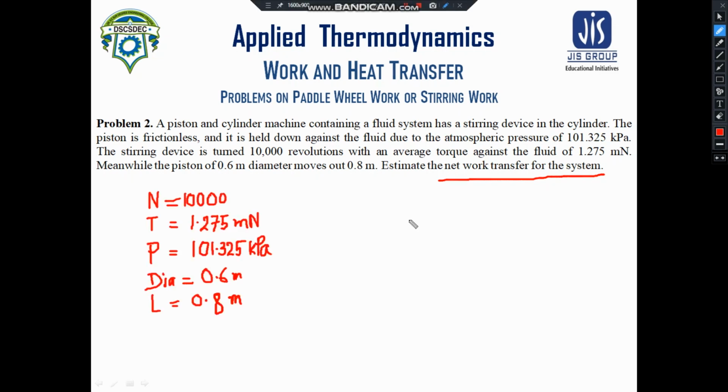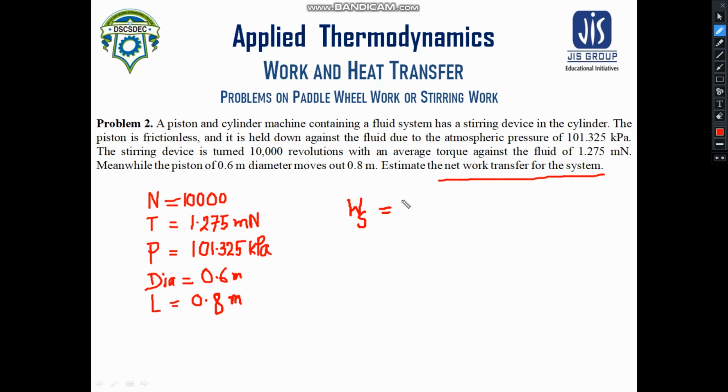Okay. So let us calculate the work done by the stirring device on the fluid system. We consider that work as Ws. Now the formula was T into theta, if you remember. So here we need to express that theta in terms of revolutions, the RPMs.